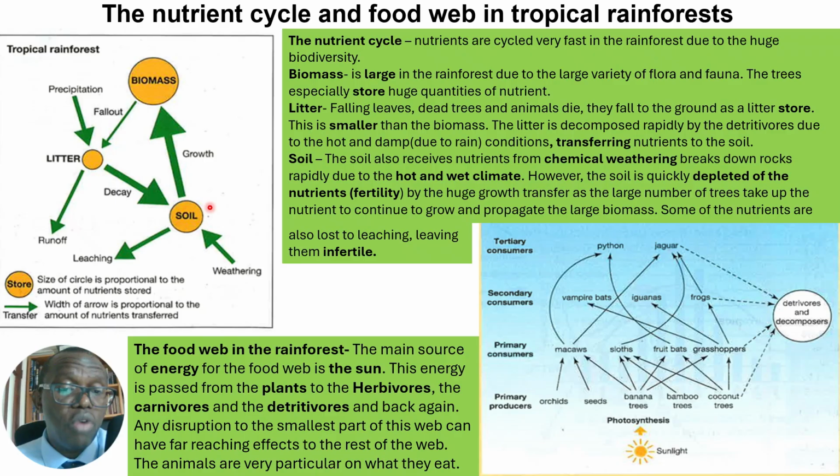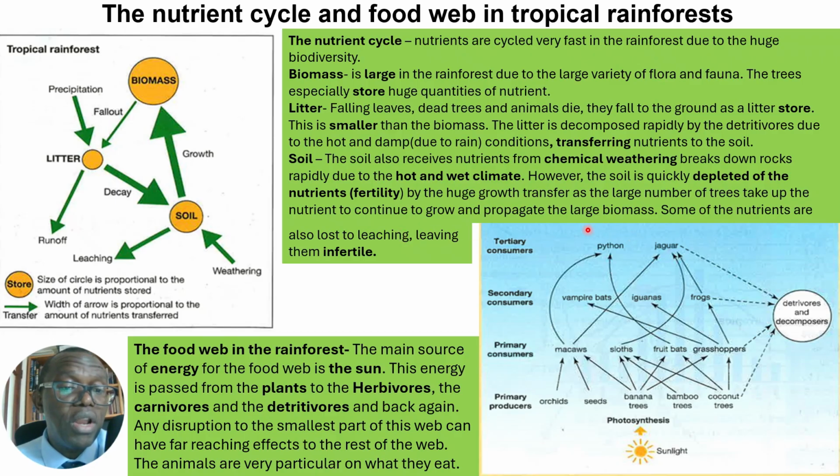When those rocks break down due to chemical weathering, they also add nutrients to the soil, and those nutrients again will be taken up by the biomass to help it to grow. So let's go back and have a look here. The soil is quickly depleted of its nutrients or fertility by the huge growth transfer as the number of trees take up the nutrients to continue to grow and propagate the large biomass.